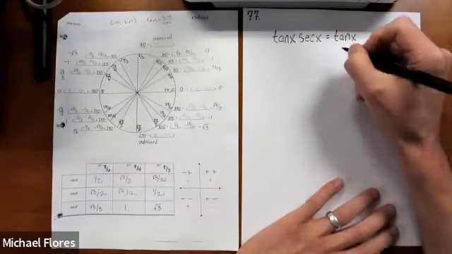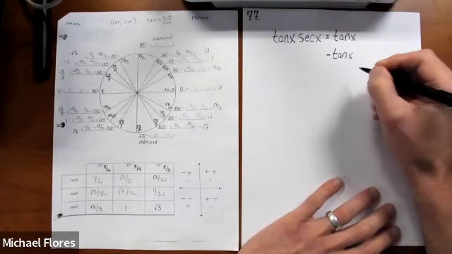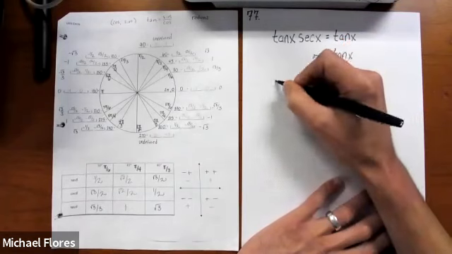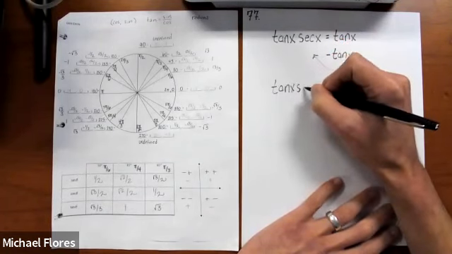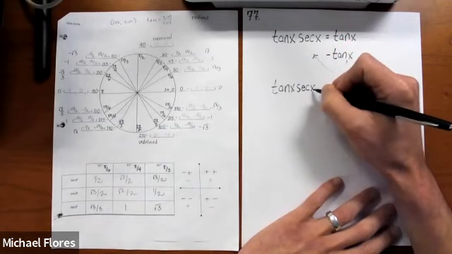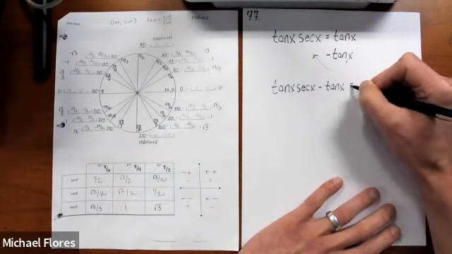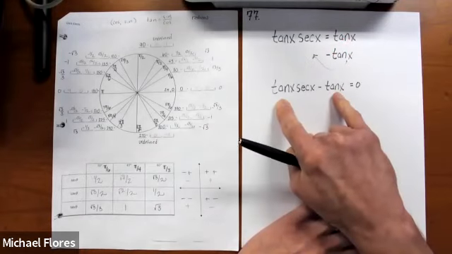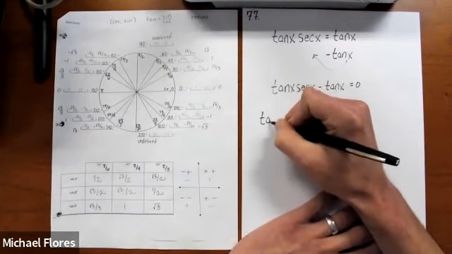Start example 77 by setting the equation equal to 0. Subtract both sides by tangent of x. Now we have two terms that both have tangent in them, so we can factor out a tangent.